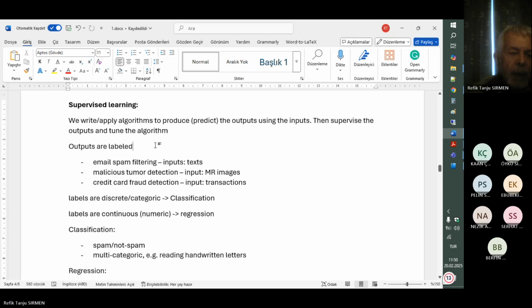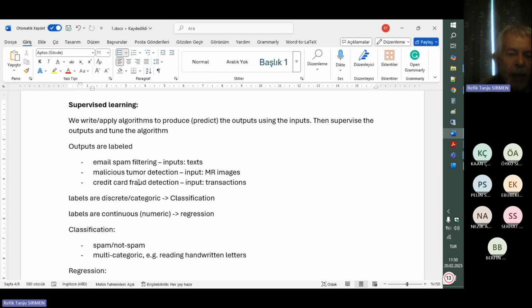Okay, and also for this one. Here we apply the supervised learning method, since we know the outputs in advance, or let's say credit card fraud detection type of applications. Also, we have transactions, bank transactions, etc. And also we have some data about fraud transactions.